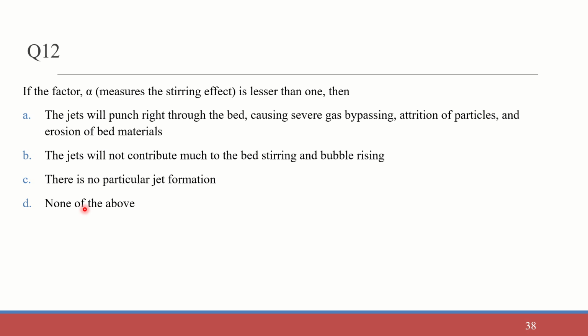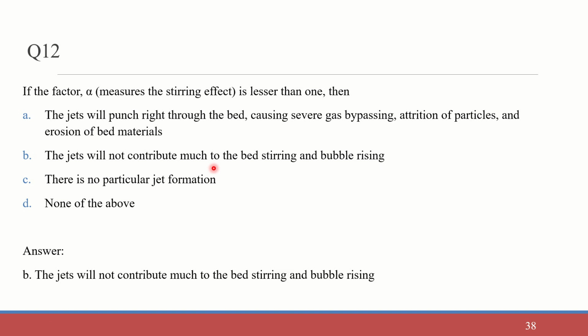If it is lesser than 1, jets will not contribute much to the bed stirring and bubble rising. But if it is greater than 1, it will punch right through the bed, causing severe gas bypassing and attrition of particles. Here the question is about alpha lesser than 1. Alpha is measuring the stirring effect. So the jets will not contribute much to bed stirring and bubble rising. So the answer is option B.